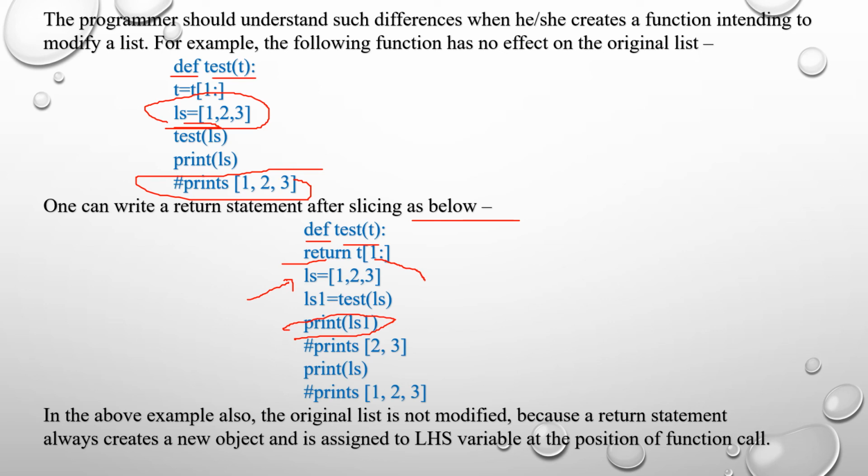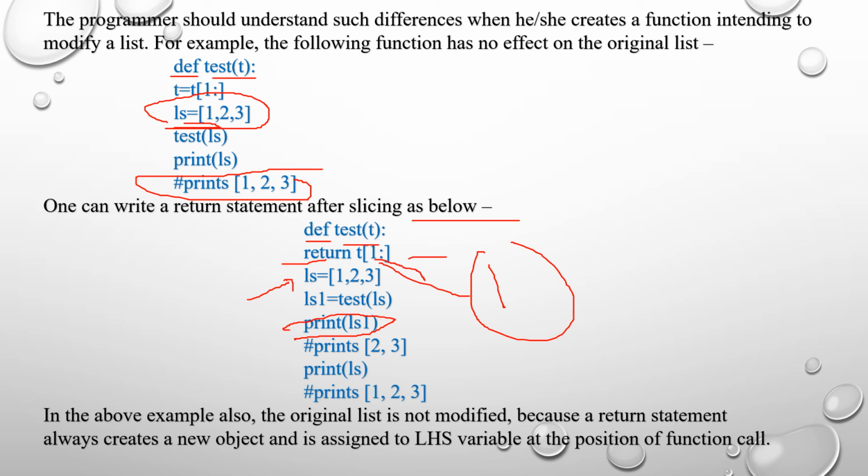Because here I have written the function, and the starting indexing position is 1. So this is my list: 1 has indexing value 0, 2 has indexing value 1, and 3 has indexing value 2.